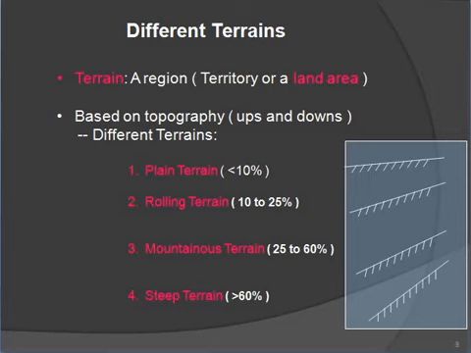Plain terrain should be less than 10%, rolling terrain 10 to 25%, mountainous terrain 25 to 60%, steep terrain greater than 60%. Depending upon the places and their conditions, they have given these percentages.